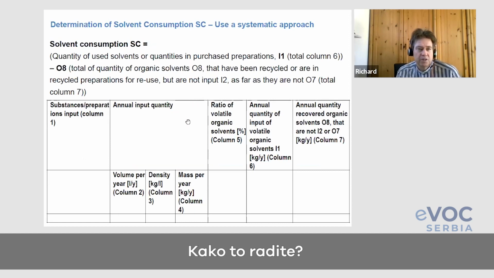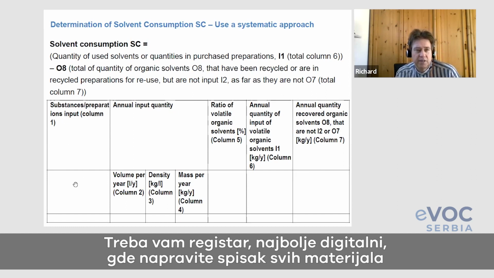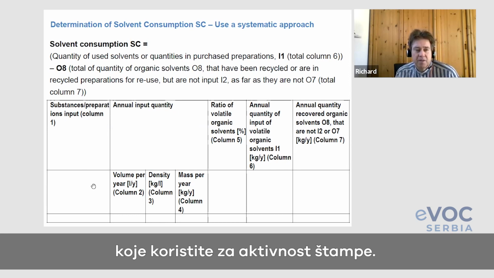How can you do this? You just need, and that probably makes the most work, a register. The best would be an electronic register where you list all the purchased materials that are used for the printing activity.